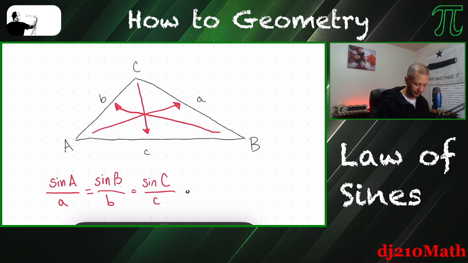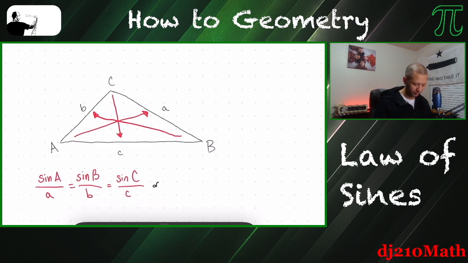Or we could say, right, you could actually take the reciprocal of these and it'll still be true. So either one of these will work. So little a over sine A is equal to little b over sine B, which is equal to little c over sine big C. Okay, this is basically the law of sines, right?